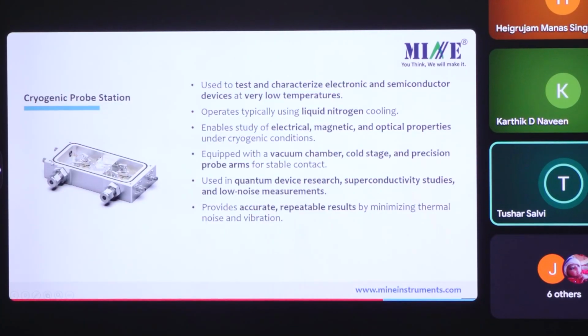You have to mount it on top. It will provide you a completely airtight environment. From here we can provide vacuum, and these are the input-output ports, 1, 2, 3, and 4 for the 4 stations, for 4 blocks.